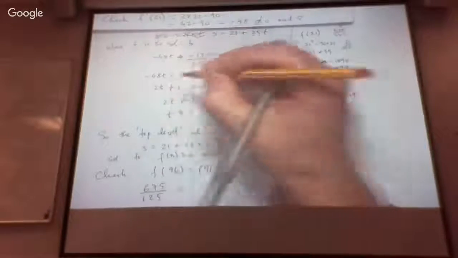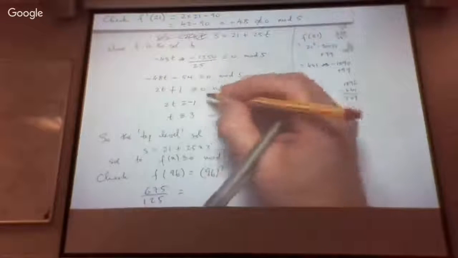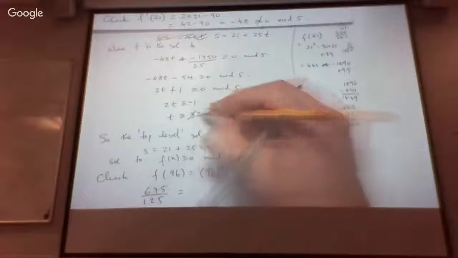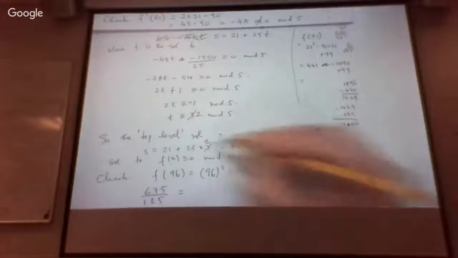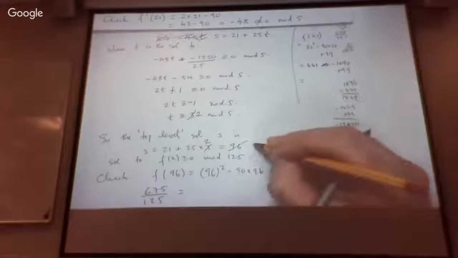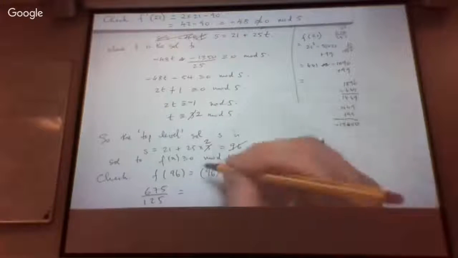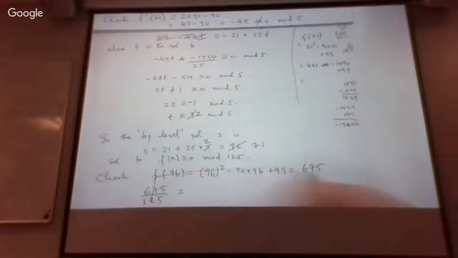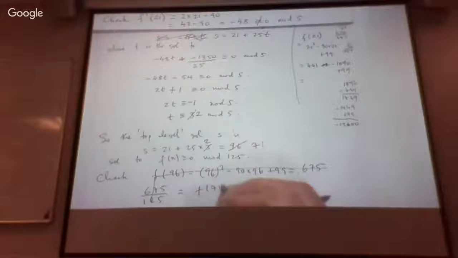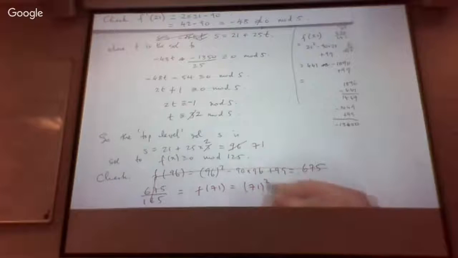Well done. That's not too far back. So that's congruent to 1, so that's a minus 1, which is 4, so t is congruent to 2. So that's 71. Let's just double check that.